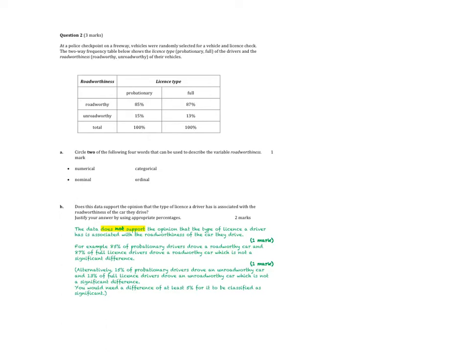So if you have a look, we've got two categories. This one, the license type, is going to be the independent one. So I would say that's the explanatory variable. And the other one, whether it's roadworthy or not, that's the response.